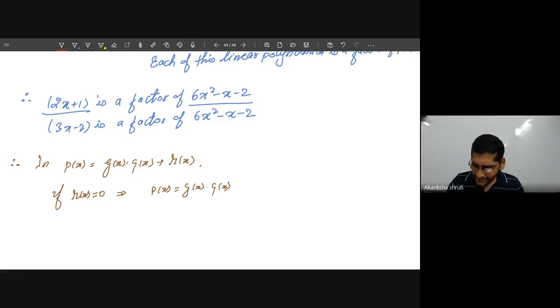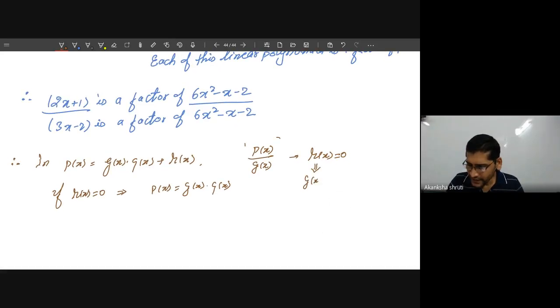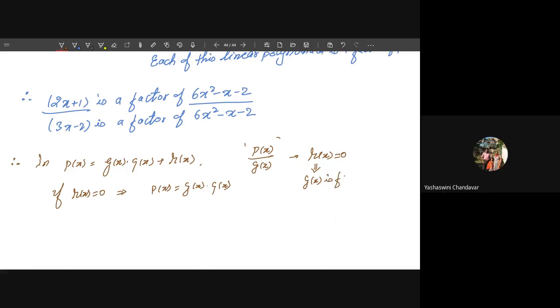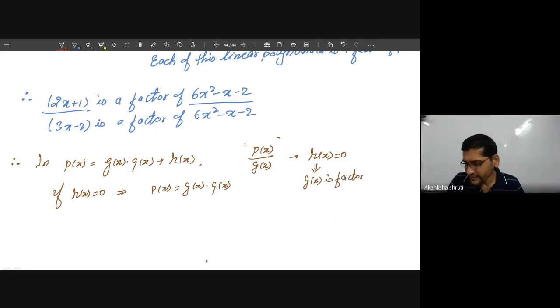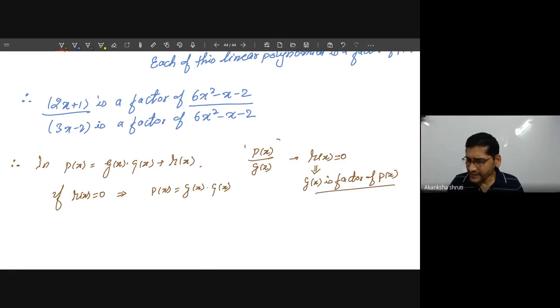So what we have to do? If the polynomial p(x) is given, another polynomial g(x) is given, and we divide and get the remainder equal to 0, then we can say this g(x) is a factor of p(x). Okay, student? From this we can conclude the factor theorem.